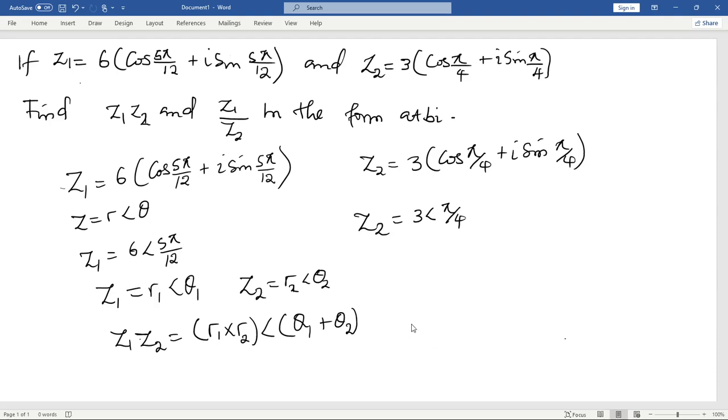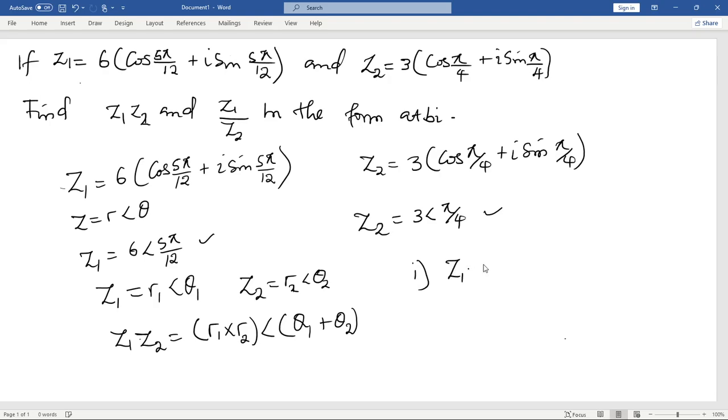This is exactly what we're going to do with the first part of the question. We've converted z1 and z2 into this form.